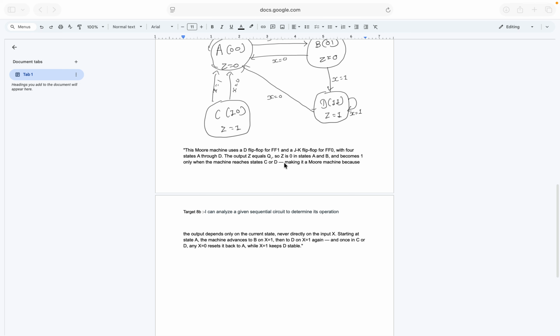So Z is 0 in states A and B, and becomes 1 only when the machine reaches states C or D, making it a Moore machine because the output depends only on the current state, never directly on the input X. Starting at state A, the machine advances to B on x equals 1, then to D on x equals 1 again, and once in C or D, any x equals 0 resets it back to A, while x equals 1 keeps D stable.